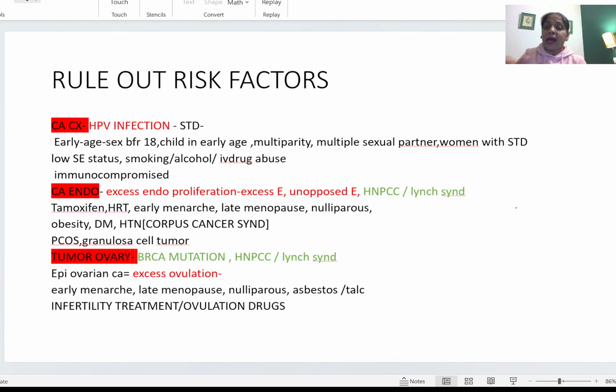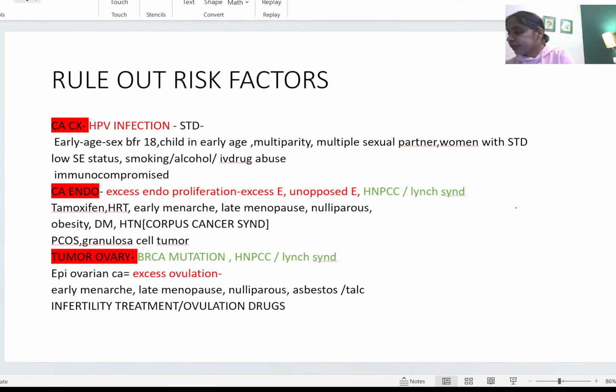So how will you ask the female whether she is sexually active or not? You can ask by asking at what age she had her first child. The more the sexual activity, the earlier the first child.